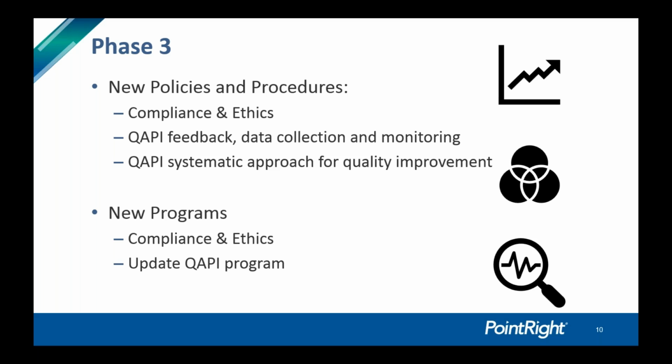How does that tie into what you're doing now, and again, close the loop on that whole QAPI program. So under the new programs, you're going to update what you have for QAPI, add a few data collection and monitoring elements to it, and then also really devise, if you haven't had something in place already, a new compliance and ethics program.